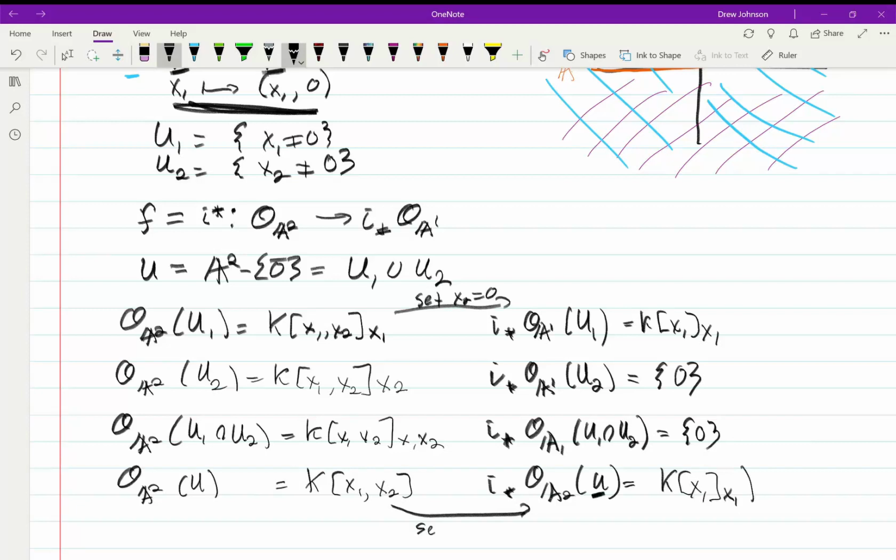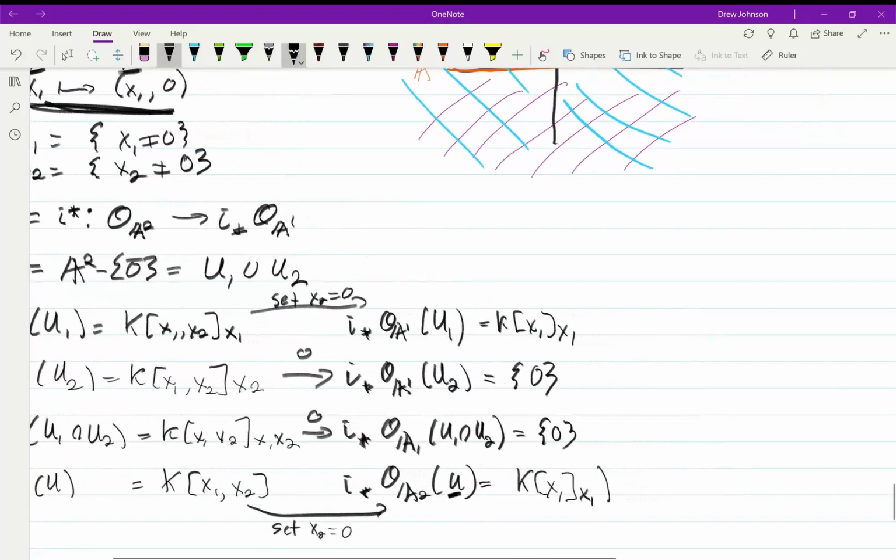Once again, this map is to set x2 equal to 0. These maps here are just the 0 maps because they're mapping to the 0 module, so there's nothing interesting there. So the problem is you're trying to set x2 equal to 0, but you localized at x2, so okay, there you go. But now we need to look at the image of these things, right? What's the image sheaf, or the image presheaf?